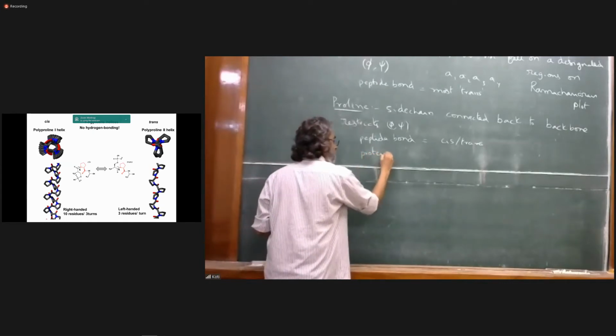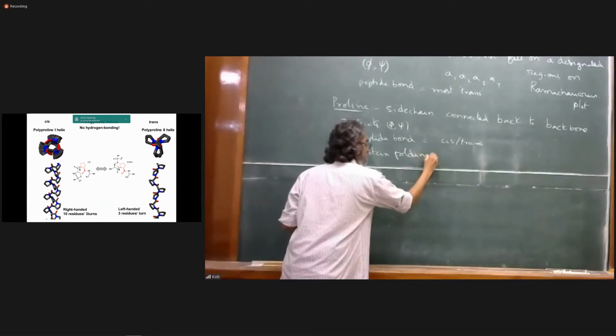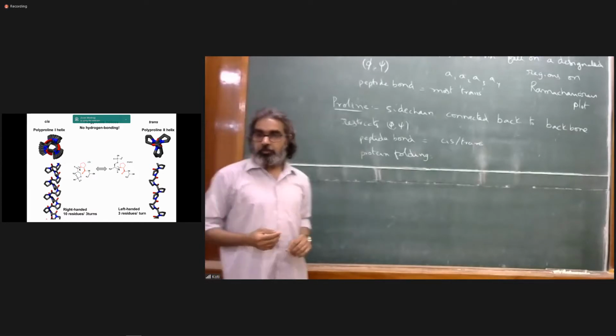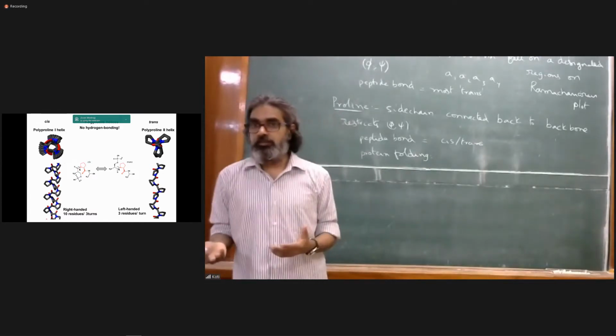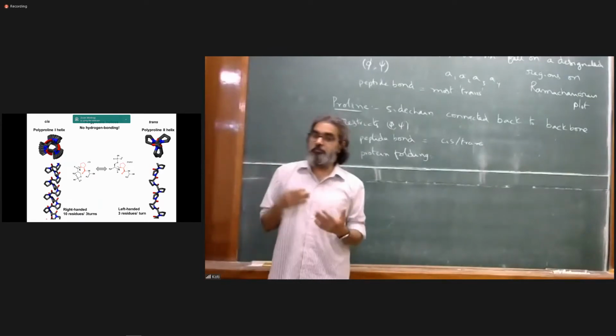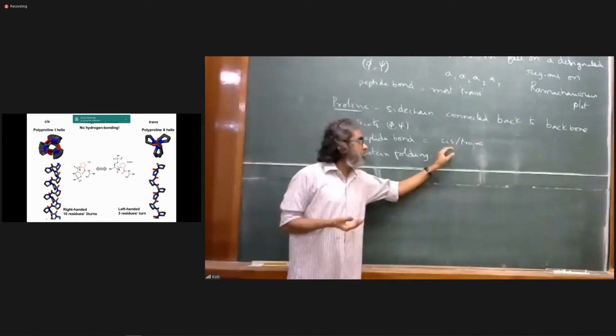For example, in protein folding, the unfolded peptide can be in cis and trans, but the folded conformation might be stable only if the proline belongs to either cis or trans.